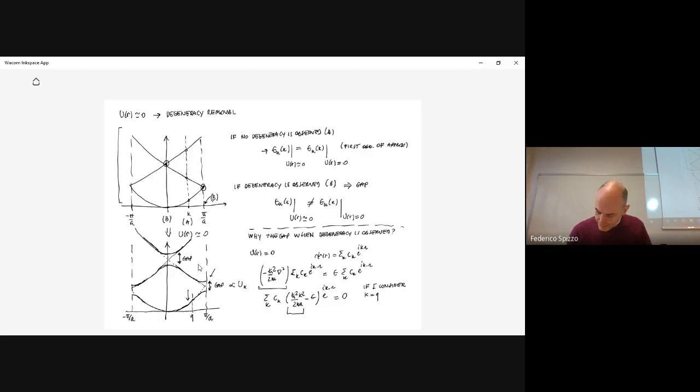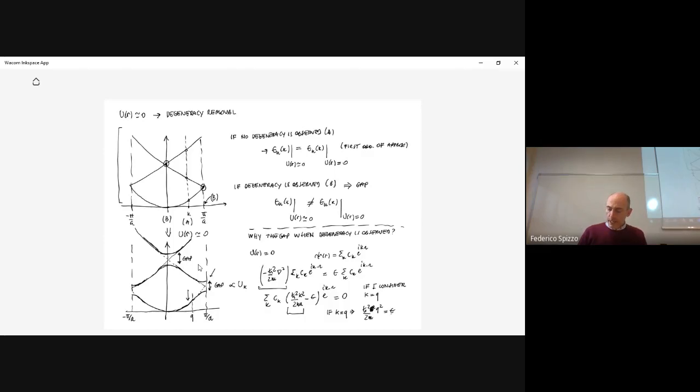So if k is equal to q, then in that case the energy of the level will be exactly equal to that value.